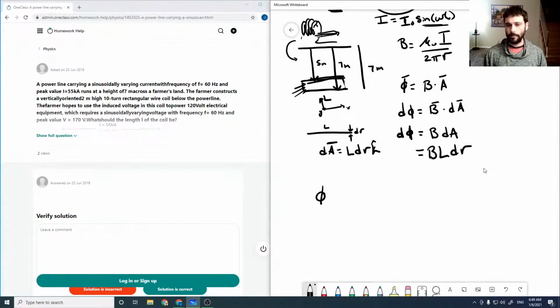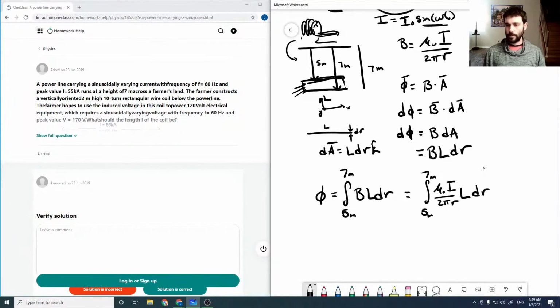So our flux is the integral of B L dr from 5 meters to 7 meters, and now filling in for our B field from above. So this is then the integral from 5 to 7 of mu naught I over 2 pi r L dr, which now we can bring out many of the constants.